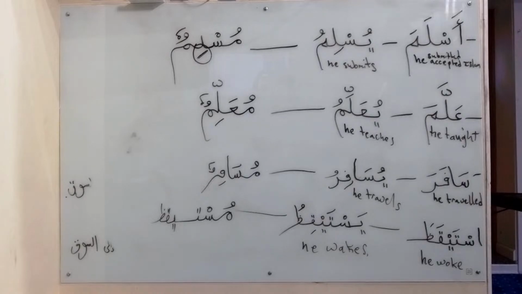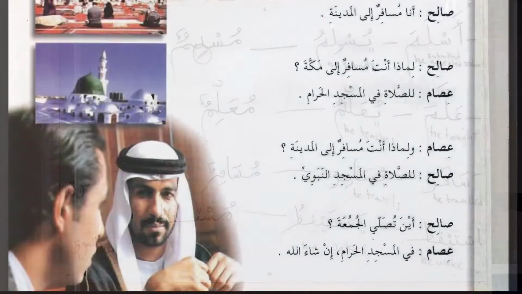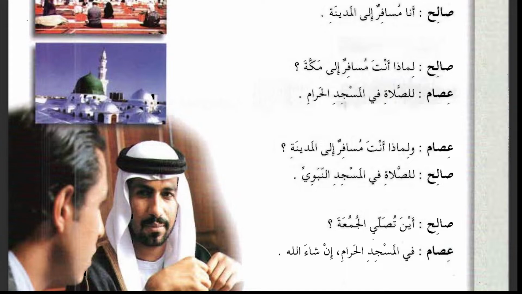Now remember we said the doer form of the word can be used instead of the verb. Now if you look back at the passage, here he's saying what? Ana musafirun ila Makkah. I am a traveler to Makkah. But what he meant is I am traveling to Makkah.